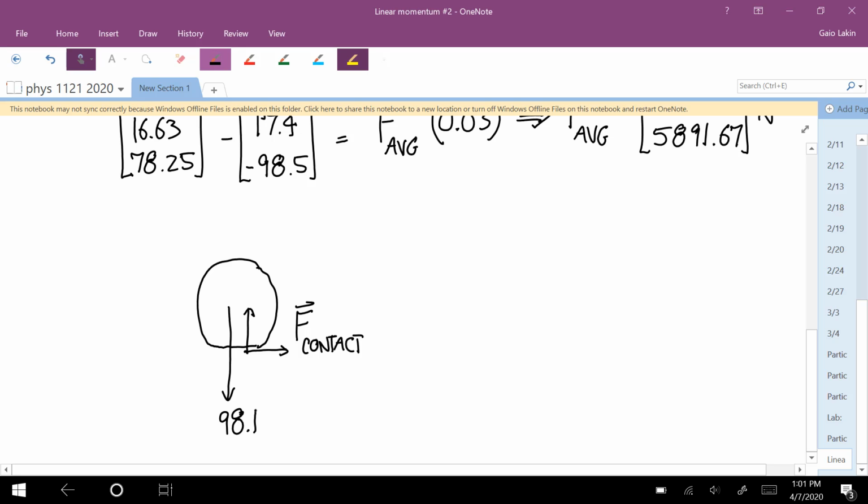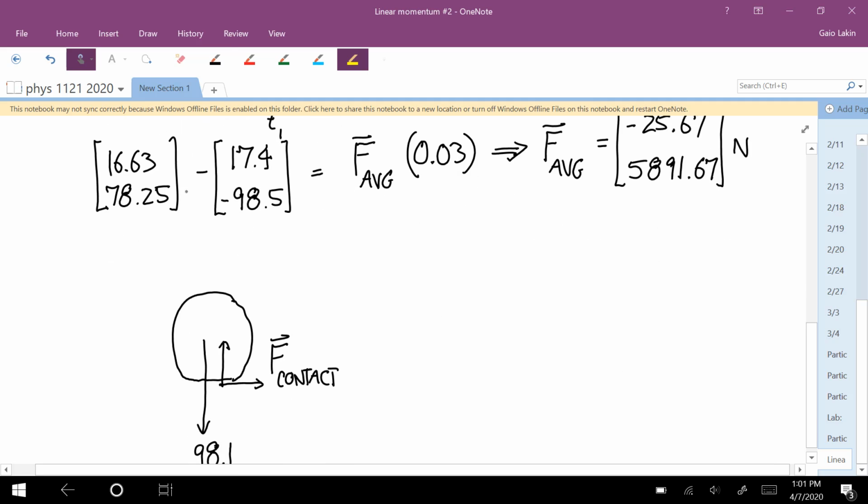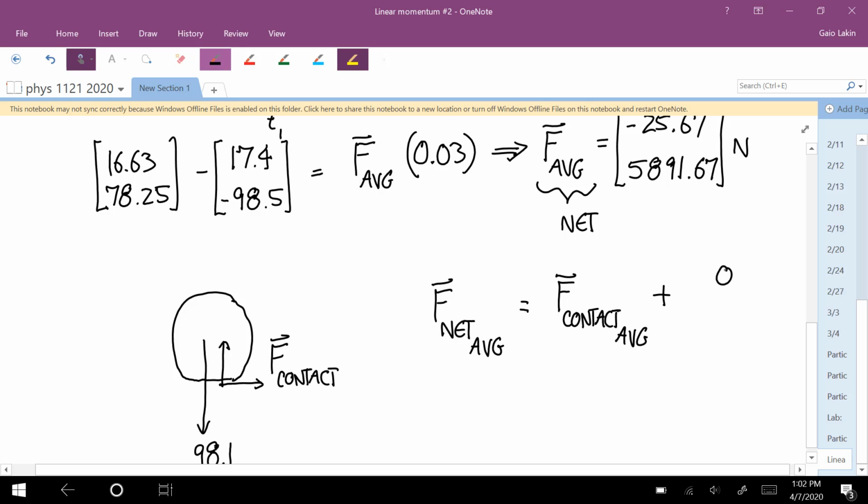I think the easiest way to think about this is we know that F net, the average net force, that's what this is, is equal to the average contact force plus 0, negative 98.1.